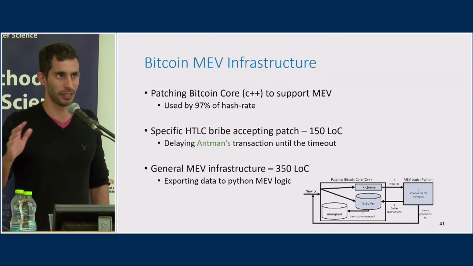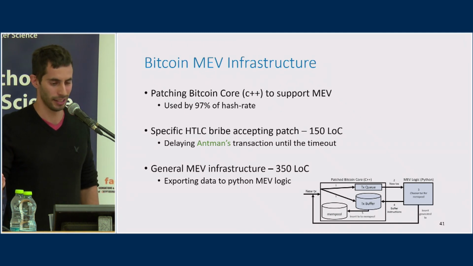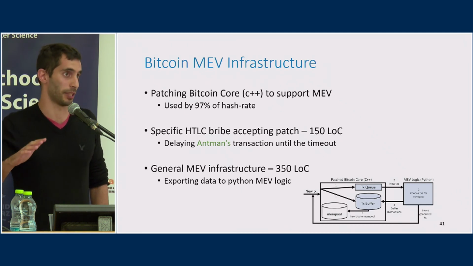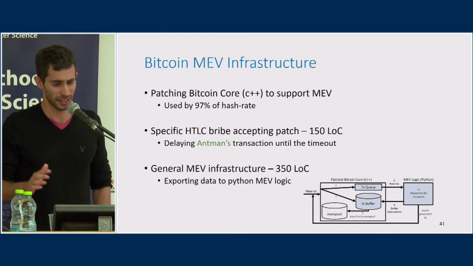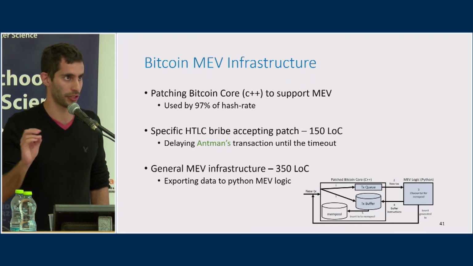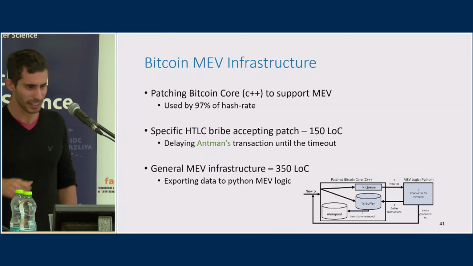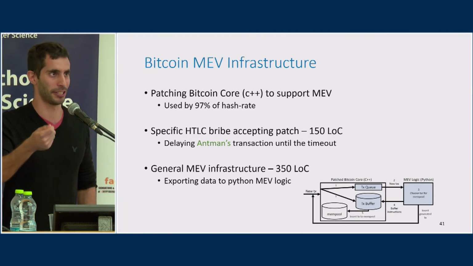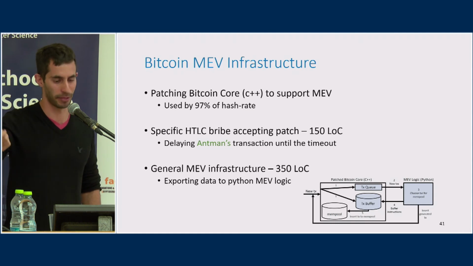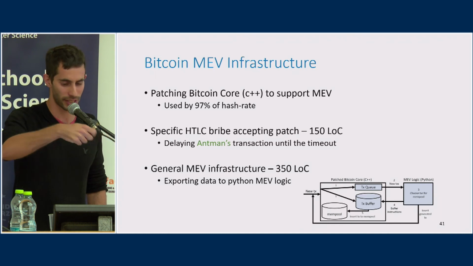What we did is take the popular Bitcoin Core client and patch it to support MEV. We have two patches. The first is specific to the HTLC bribe attacks. You'd have a miner observing a bribe transaction and delaying Ant-Man's transaction until the time lock elapses, and then taking Batman's transaction.